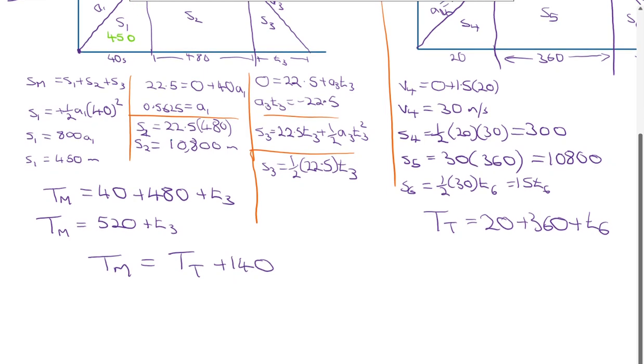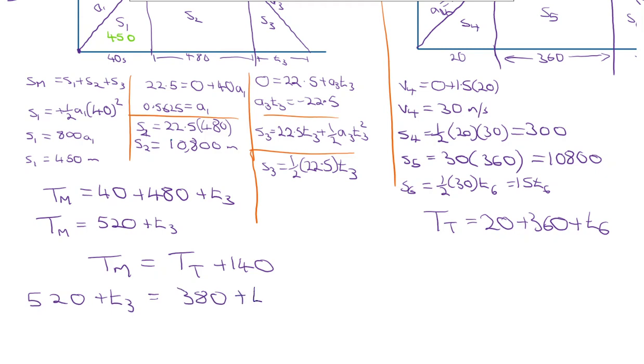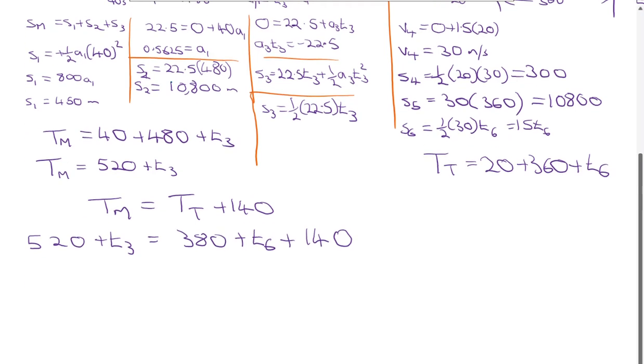But we do have something now. We have 520 plus T3 equals 20 plus 360, which is 380, plus T6 plus 140. What's 140 and 380? That 140 plus 380 is 520.